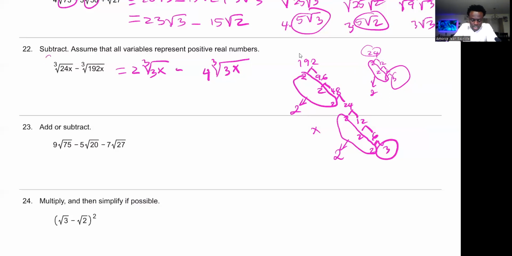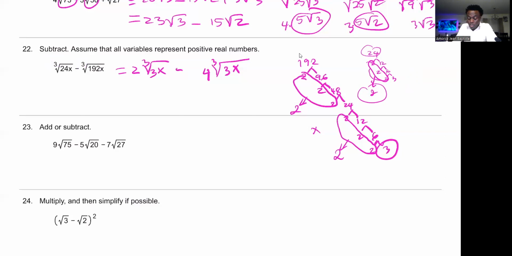So index is 3. Make a group of 3, right? Put 1 out, 2 out, and then that's a 2 that goes out here. And then inside will be 3 and the x, because we could not group anything with x with 3. It stays inside. And then the x, the power is 1 smaller than 3. So the x stays inside.